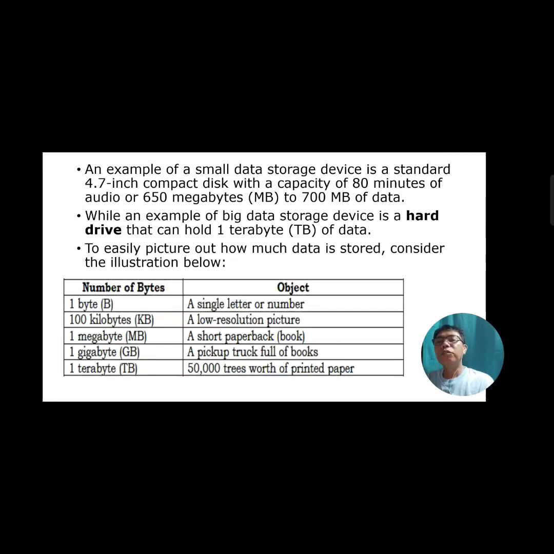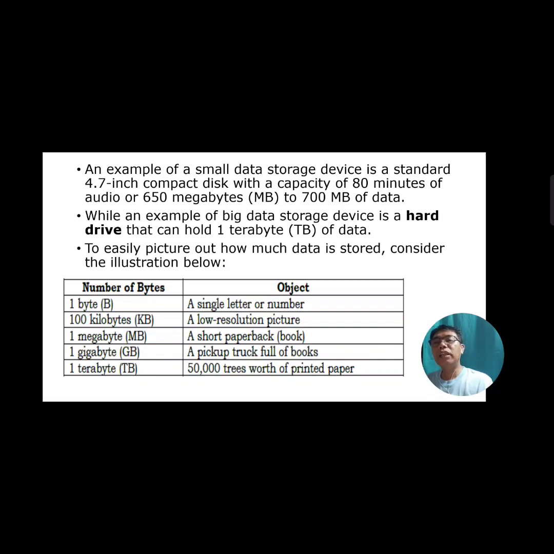Okay, for 1 byte or B, in terms of object, a single letter or number. So 1 byte comprises just a single letter, let's say letter A, or 1 number. That is 1 byte.